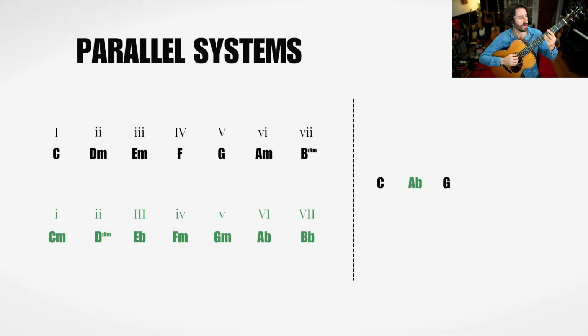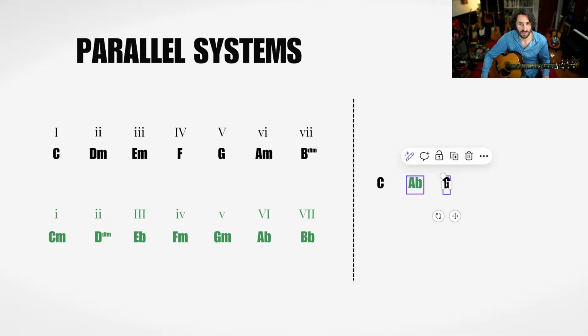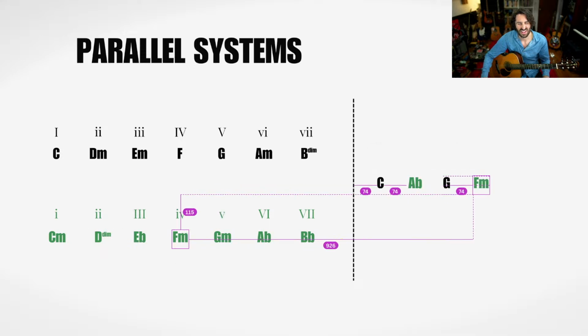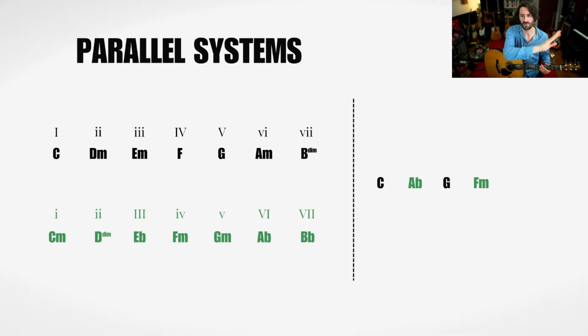But we could also go, this might be a cool sound. Let's go F minor. One of the really nice things about going one from C major, one from C minor, back and forth, is it creates this kind of tension and resolution, so that the next chord is going to be the thing that resolves the tension, and then you ramp it up again and then you fall back.